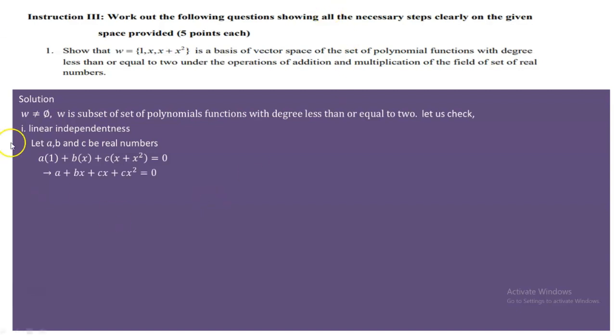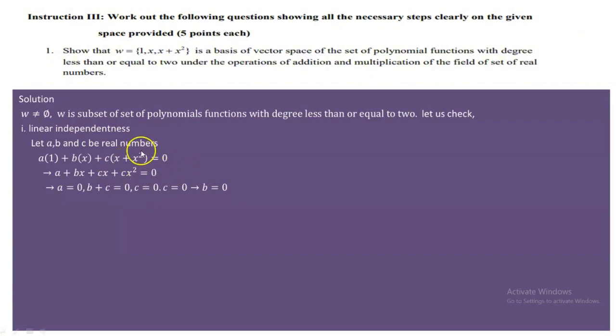As you see, a times 1 makes a, b times x makes bx, c times x is cx, and then cx squared equals 0. So in order to have 0 here, necessarily the coefficient of x squared and the coefficient of x as well as the constant must be 0. So directly we have the constant a equals 0, and here the coefficient of x is b plus c, and this b plus c must be 0 because the coefficient of x on the right side is 0.